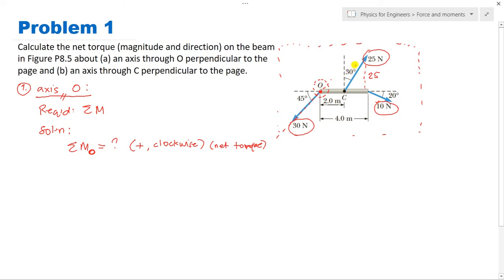Cosine. Since the component is adjacent to the 30-degree angle, this is 25 cosine 30 degrees.